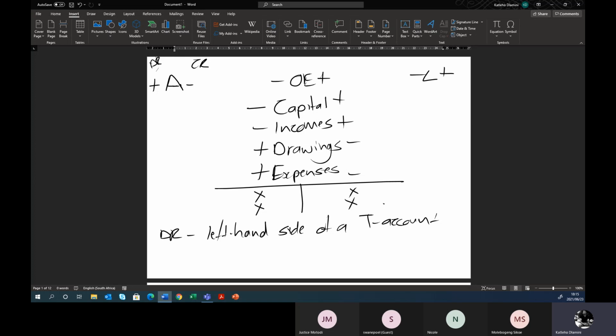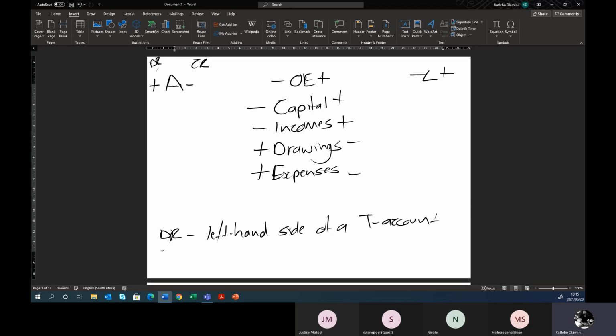At the end, you will have a balance showing how much this account is worth at the end of the month, the year, or six months, whatever the case may be. So the T account is just a representation of the account and its movement during the year. Okay, I'm just going to undo that because I need the space.